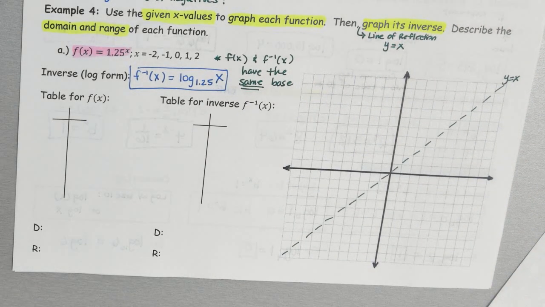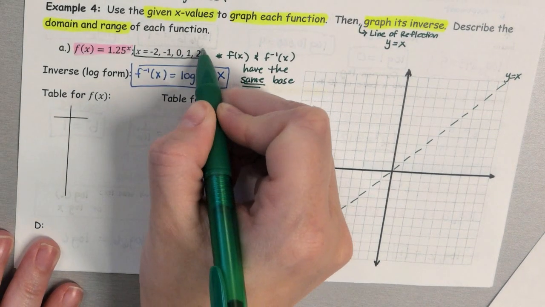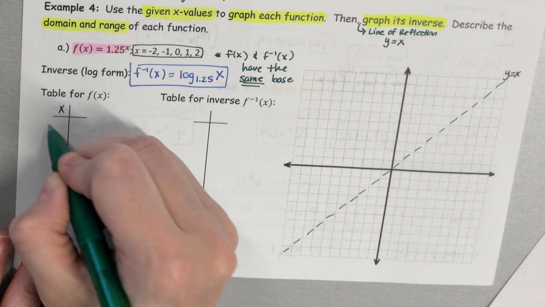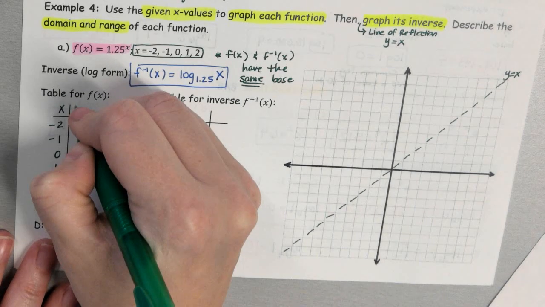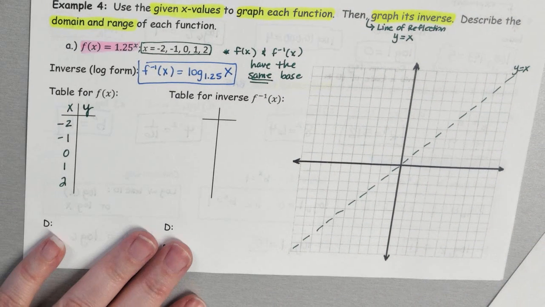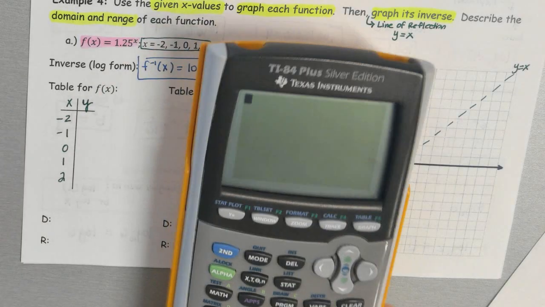Okay, so for your table, they told you what values for x you're going to use, so you are going to use these as your x values, -2, -1, 0, 1, and 2. And then, because this is a decimal, I'm going to let you use your graphing calculator, even though technically we could turn that into a fraction, but don't worry, we're not.